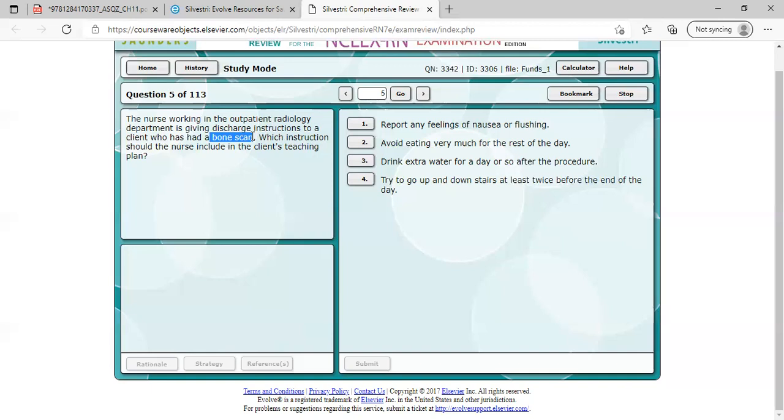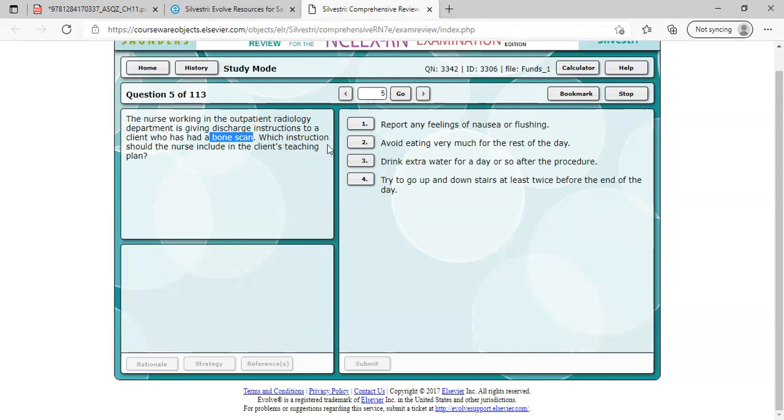A good amount of fluid can expel the radioisotope substance from the blood through the kidney. So what is our answer? Report any feelings of nausea or flushing. It is common. Avoid eating very much for the rest of the day.